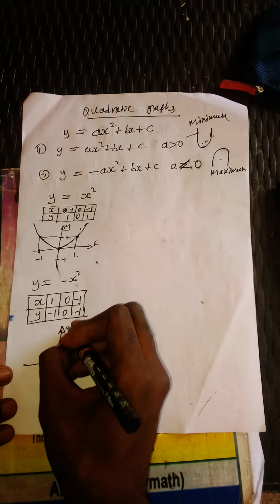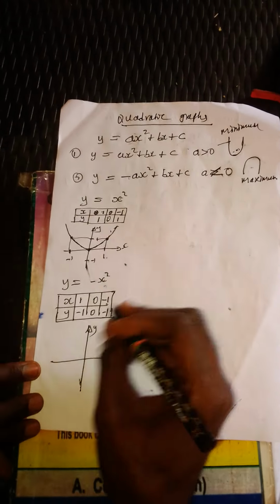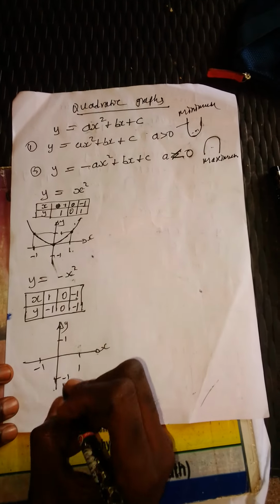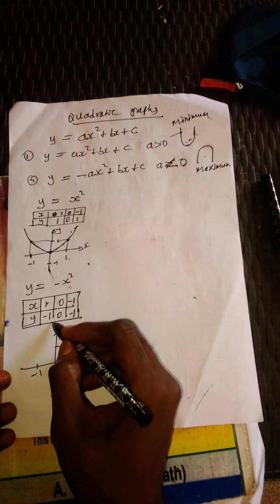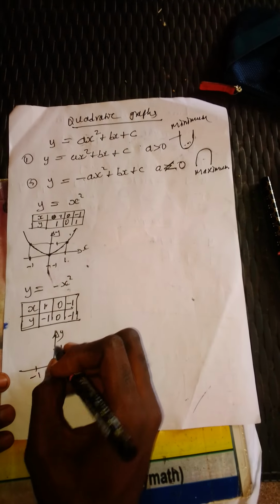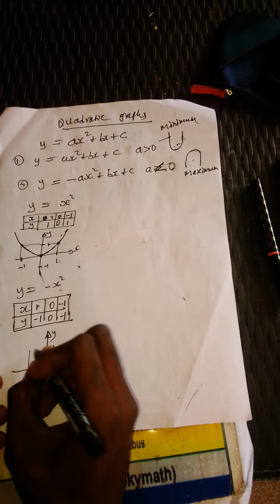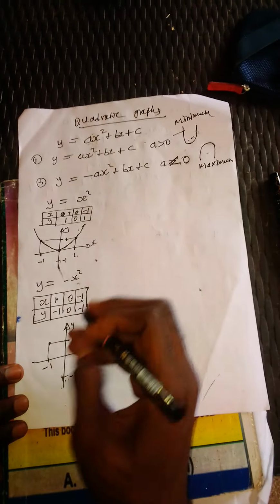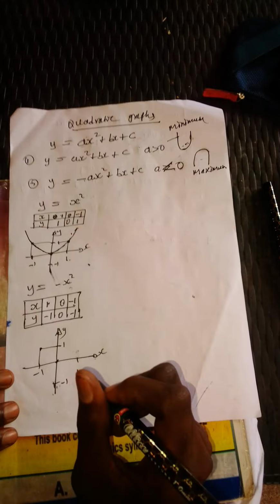Let's see what we are going to have. When x is 1, y is minus 1, we have this point. When x is 0, y is 0, we have this point.